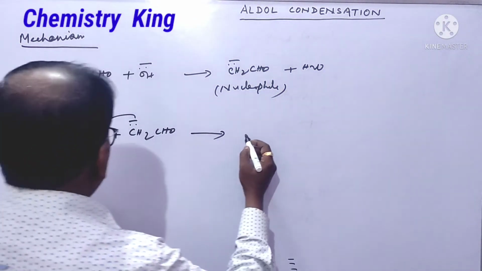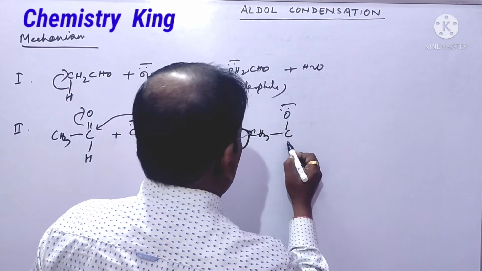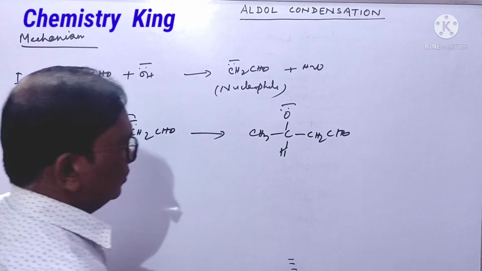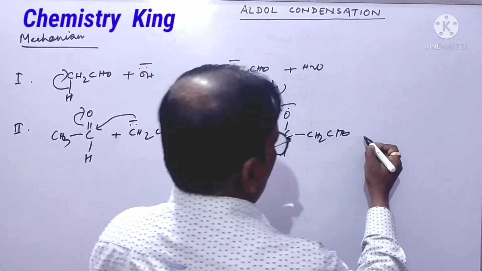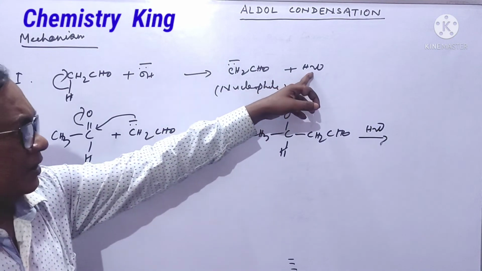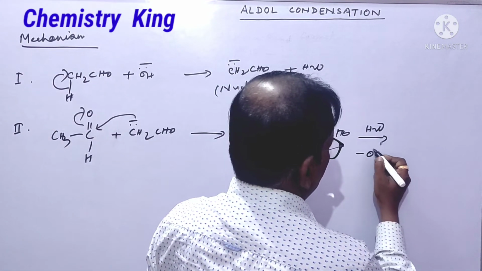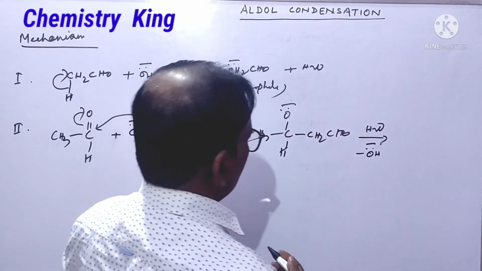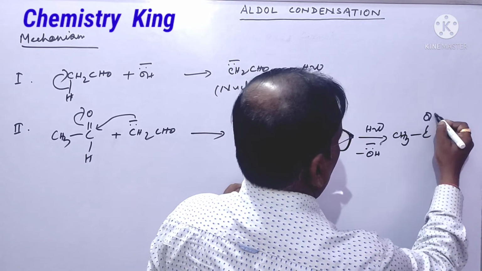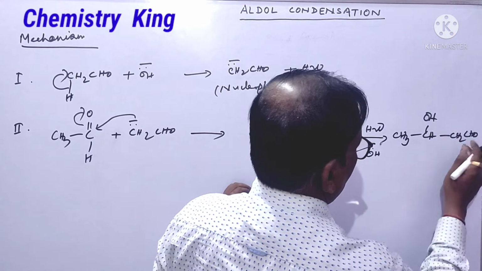So you will get CH2 CHO. Now this H2O is found here. This H2O will give H plus, leading to removal of OH minus, and you will get CH3 CHOH CH2 CHO.